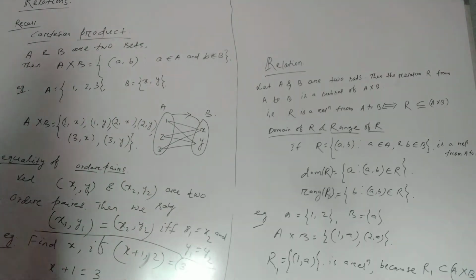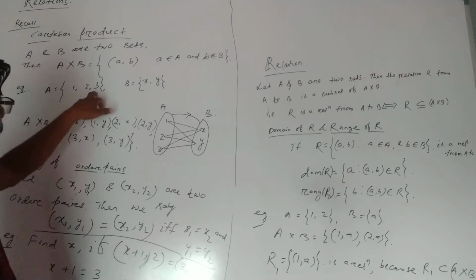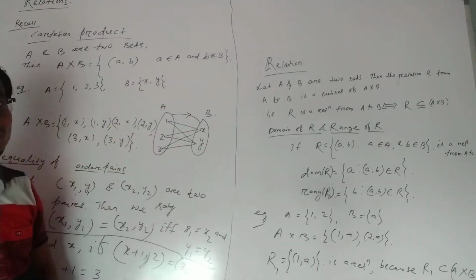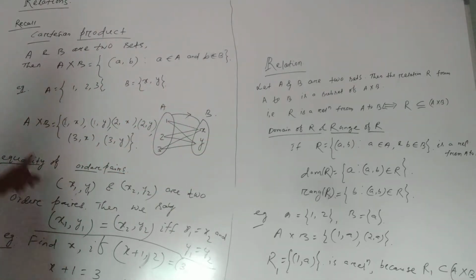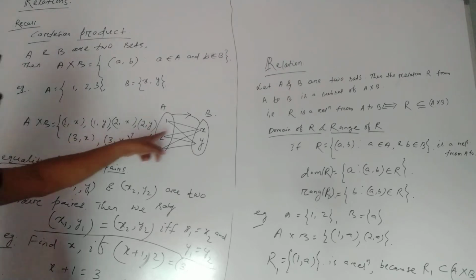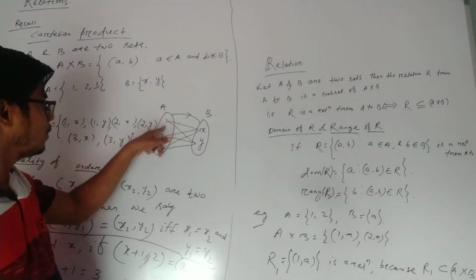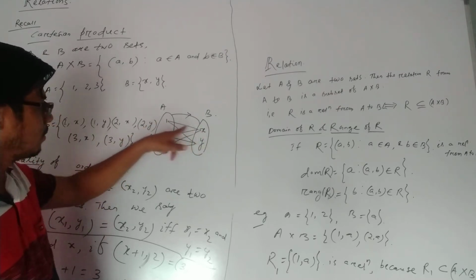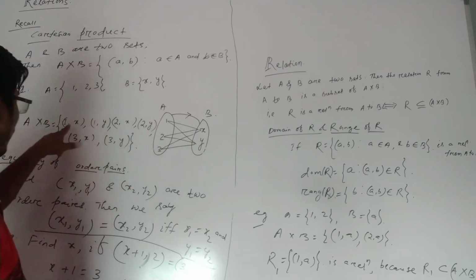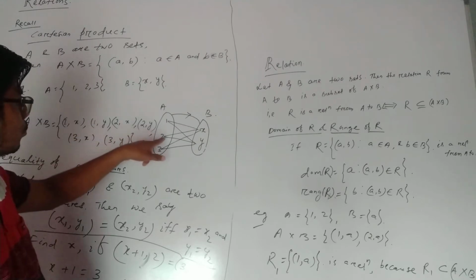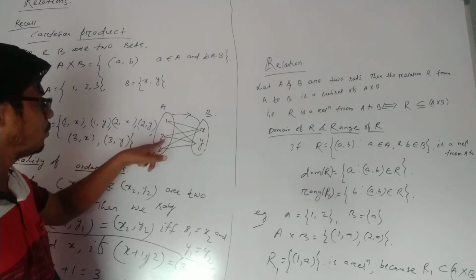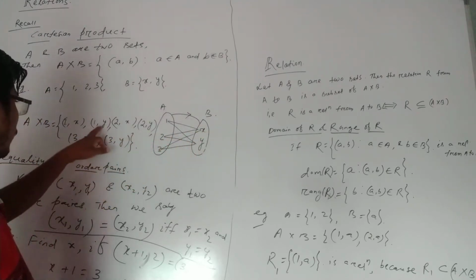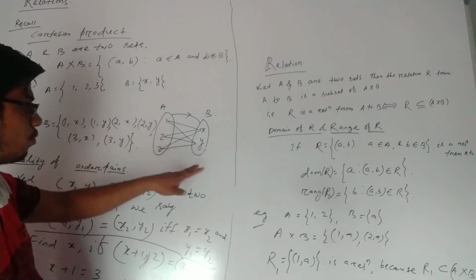Let us give an example. Set A is equal to 1, 2, 3 and set B is equal to X and Y. Now A cross B, in pictorial form: 1, 2, 3 and X, Y. 1 is related to X, 1 is related to Y. These are two elements. 2 is related to X and 2 is related to Y, another two elements.